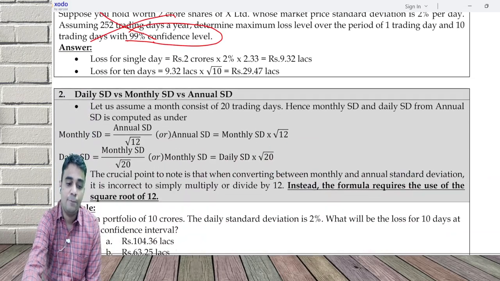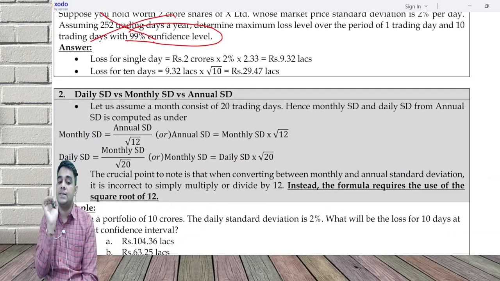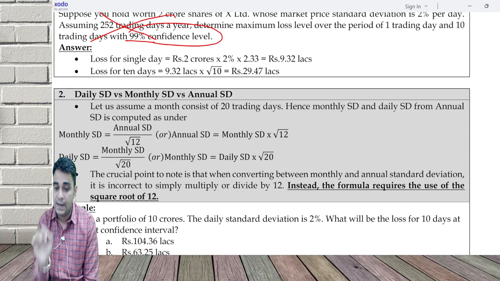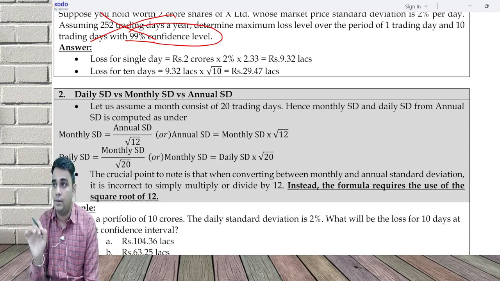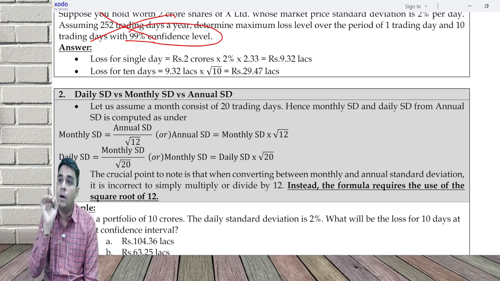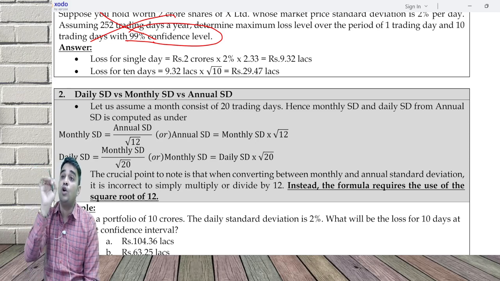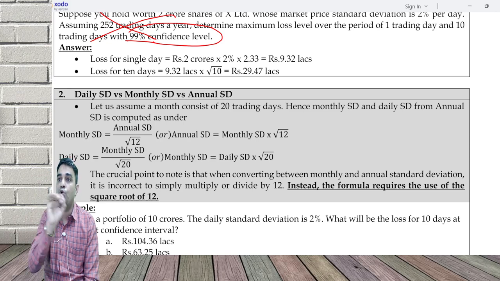This is my second point. Let us assume a month consists of 20 trading days. Monthly SD and daily SD are computed as under. Monthly SD from annual, you divide by square root of 12. From month you want to go to day, divide by square root of 20. Why 20?